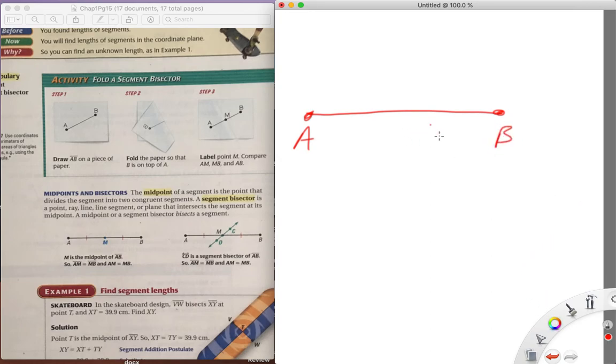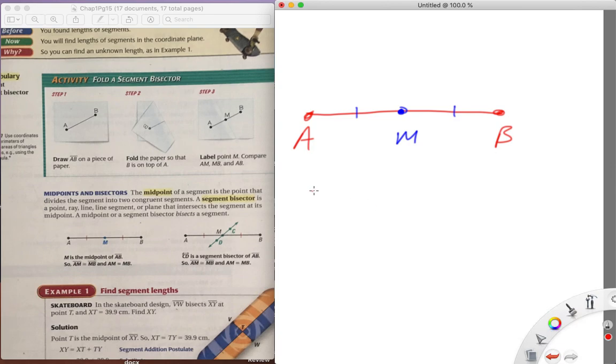We have some other point M, and M is the midpoint. M is exactly in the middle. So what does that mean? Since M is in the middle, it cuts this particular segment AB completely in half. So that means that AM is congruent to BM.